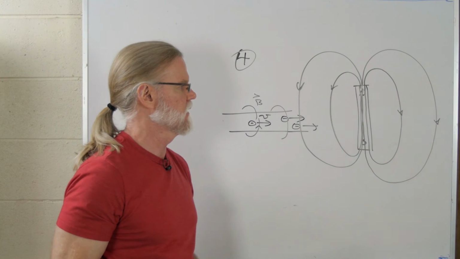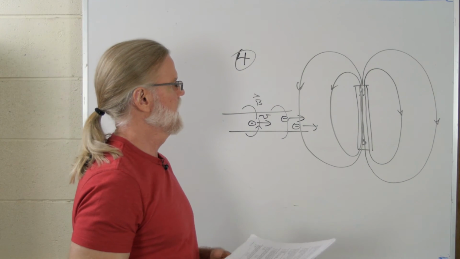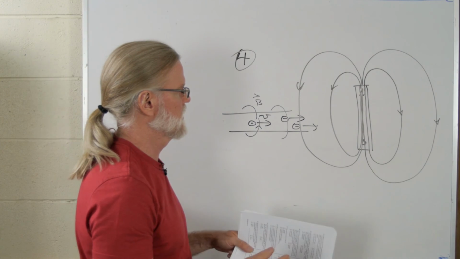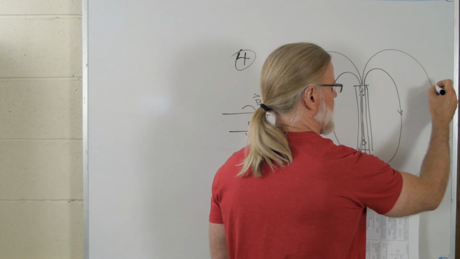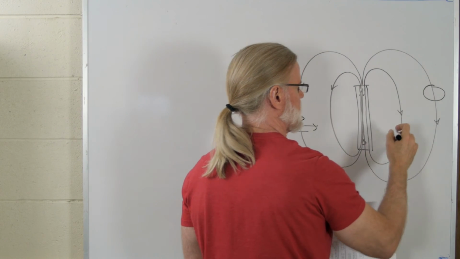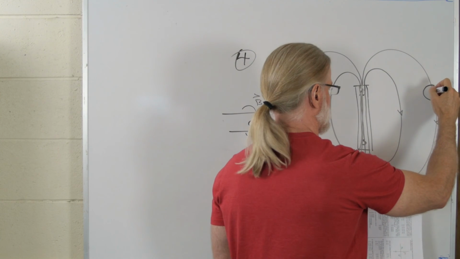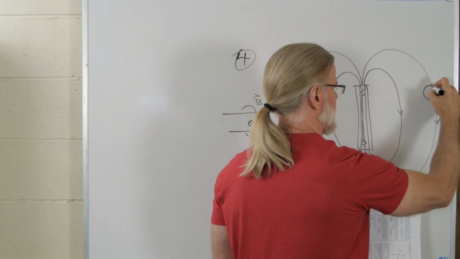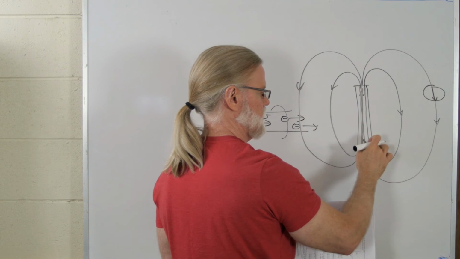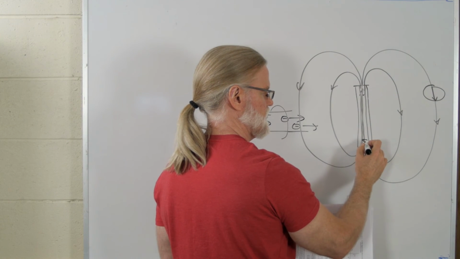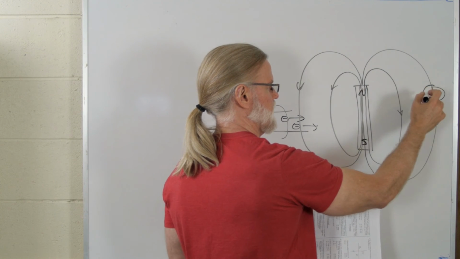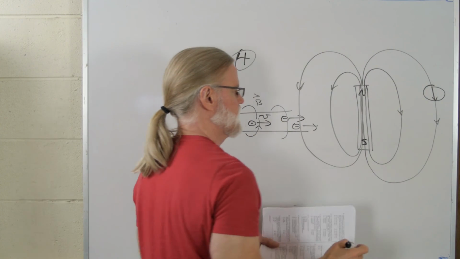Where they're farther apart, it's less. The direction is determined by the direction a compass would point. If I put a compass here, the north is going to be attracted to south, and south is going to be attracted to north.